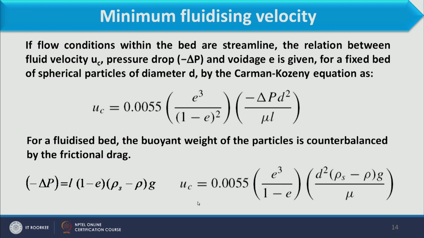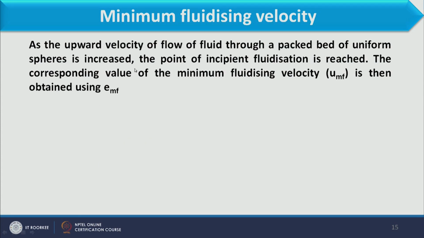So by putting the pressure drop for the fluidized condition, we obtain this velocity UC for the fluidized bed. Now, as we have to define the minimum fluidizing velocity, some other factor we have to consider, because as the upward velocity of flow of fluid through a packed bed of uniform spheres is increased, the point of incipient fluidization is reached.